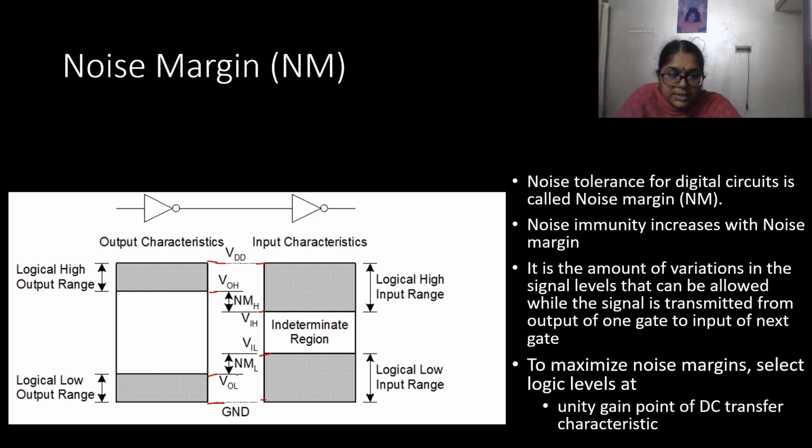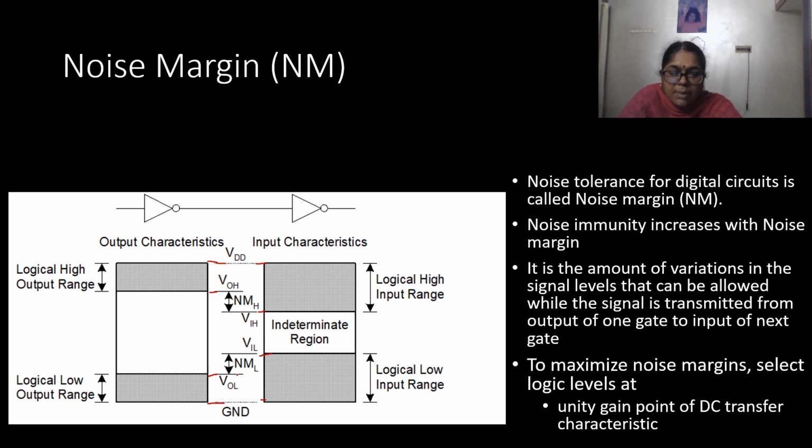Through the interconnect, when the signal is being transmitted, even though it has been corrupted by noise, the logic 1 signal remains logic 1 or the logic 0 signal remains logic 0. So that much noise immunity or noise margin is present. But beyond that, if it gets corrupted, then obviously the logic levels of the input signal would change.